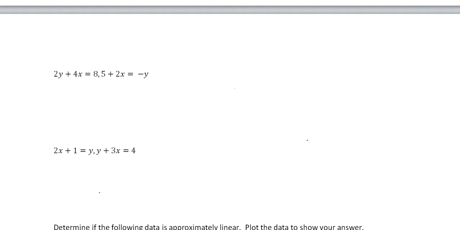All right, let's take a look at this next one. I am going to say my 2y equals 8 minus 4x, and divide everything by 2. So I wind up with y equals 4 minus 2x. Keep in mind my slope actually comes with the x. So even though I've written it kind of backwards here, it is in fact a line, and the slope is right here, and that's my y-intercept.